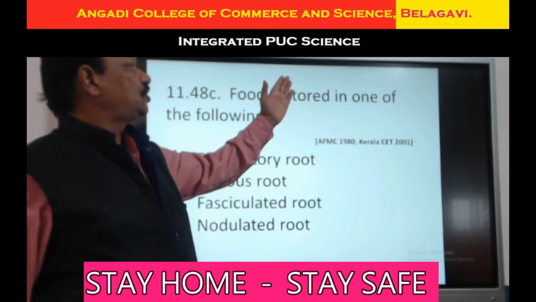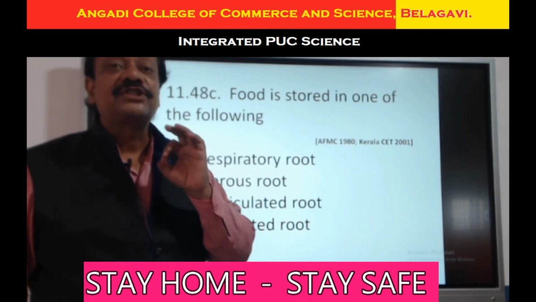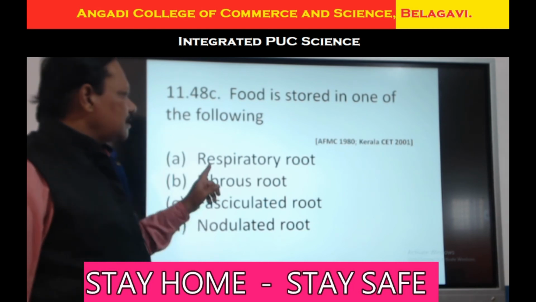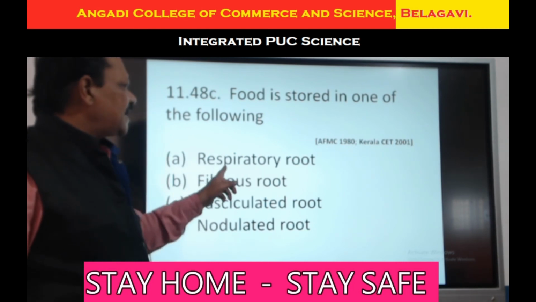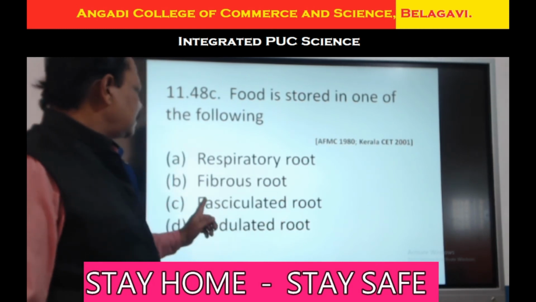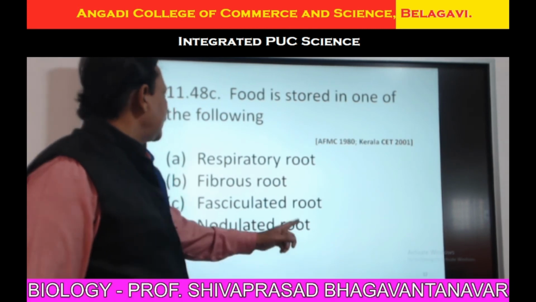Food is stored in one of the following. Where food is stored? In what option? Okay. So, first we'll see the respiratory root. Second, fibrous root. Third, fasciculated root. Fourth is nodulated root.